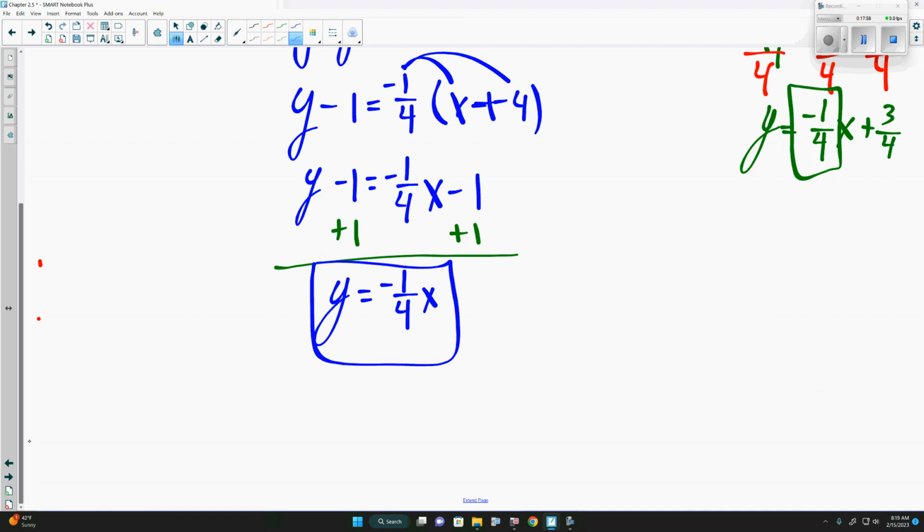Yep, so we have one of the two forms, slope intercept. Now it also wants it in standard form. Standard form, one of the main things is that x and y are on the same side of the equation.